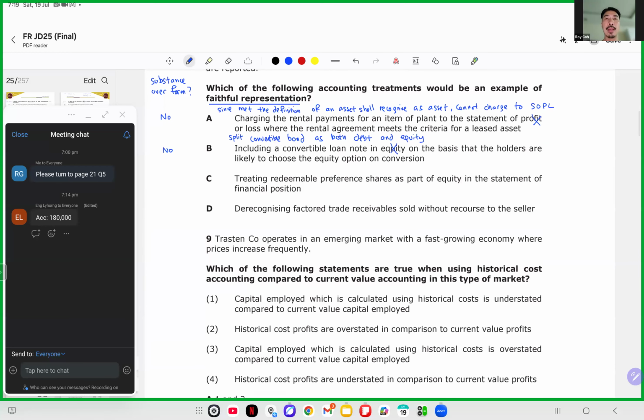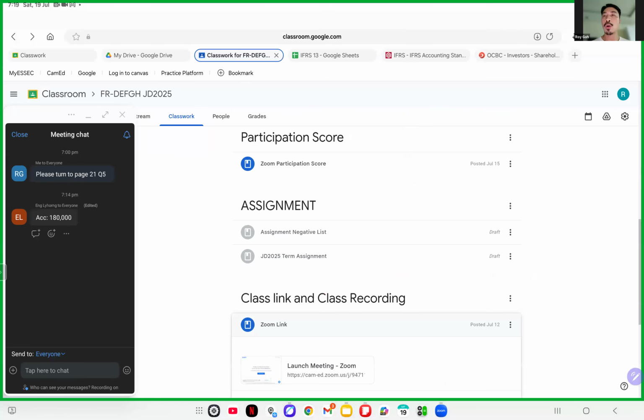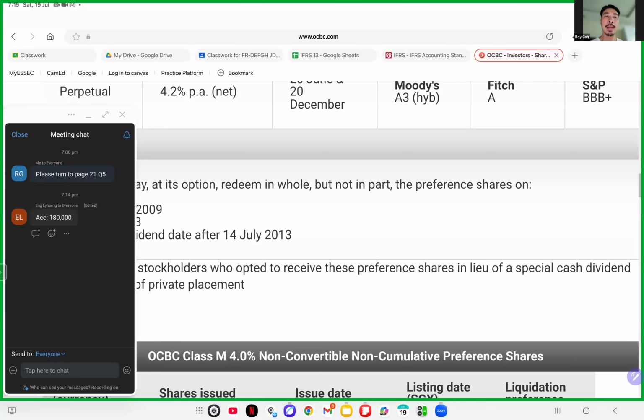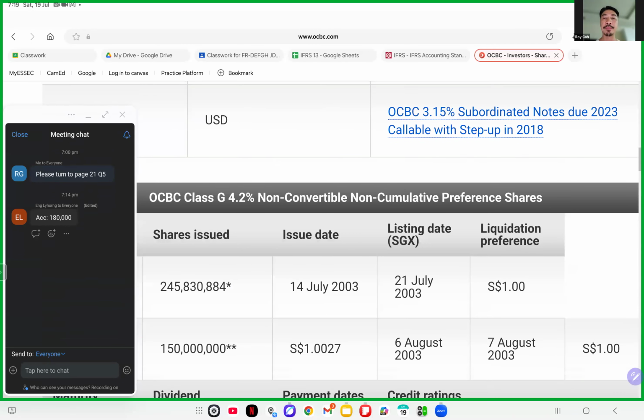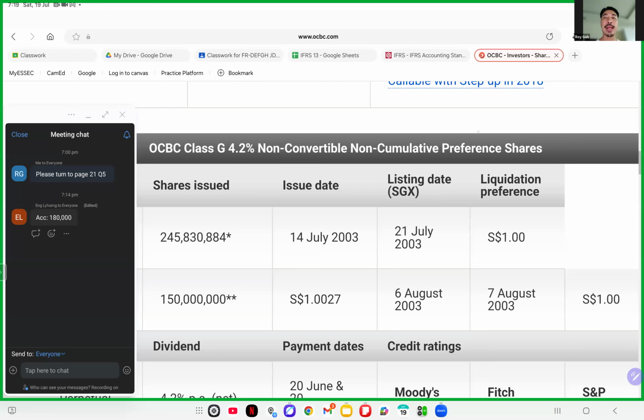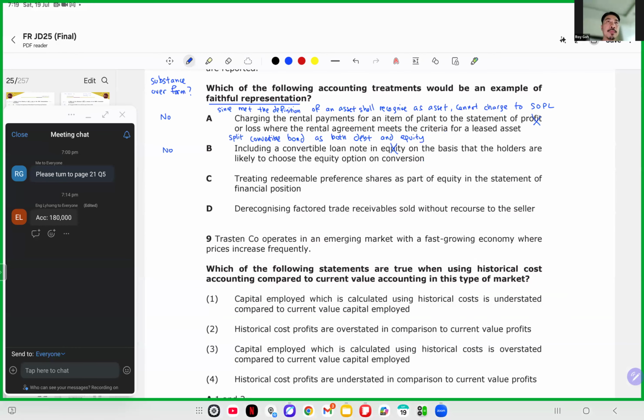Next one. Last lesson I also showed you that there's a bank called OCBC. This OCBC is a bank in Singapore that has a redeemable preference share. So if you have a redeemable preference share, you shall classify it in substance over form. Because the keyword is redeemable, it means it is repayable.